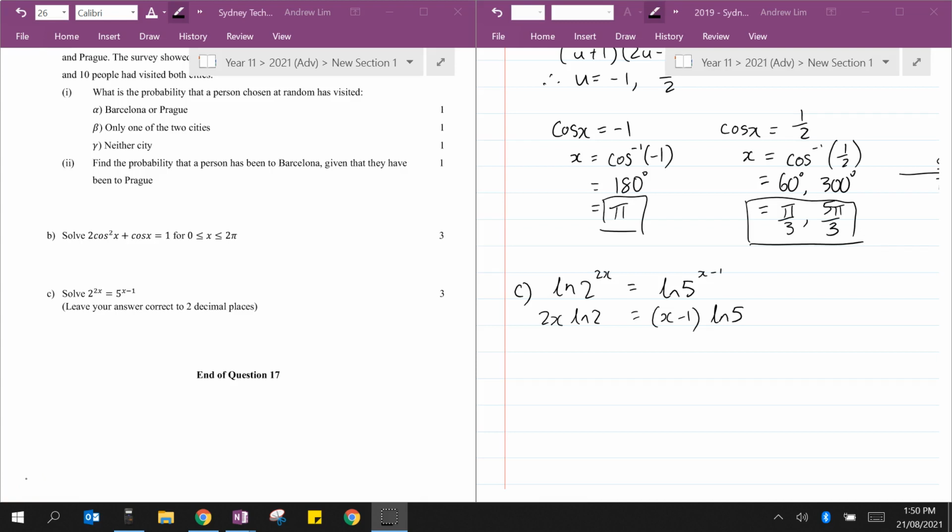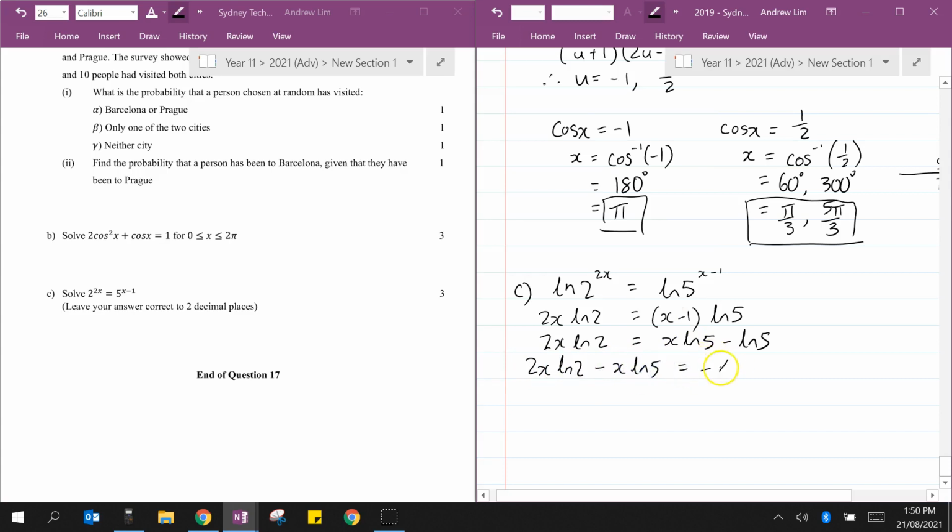What happens if I expand this? If I were to expand this brackets, I'll get x ln 5 minus ln of 5. If I were to bring this x ln 5 across, that will leave me with 2x ln of 2 minus x ln of 5 is equal to negative ln of 5.